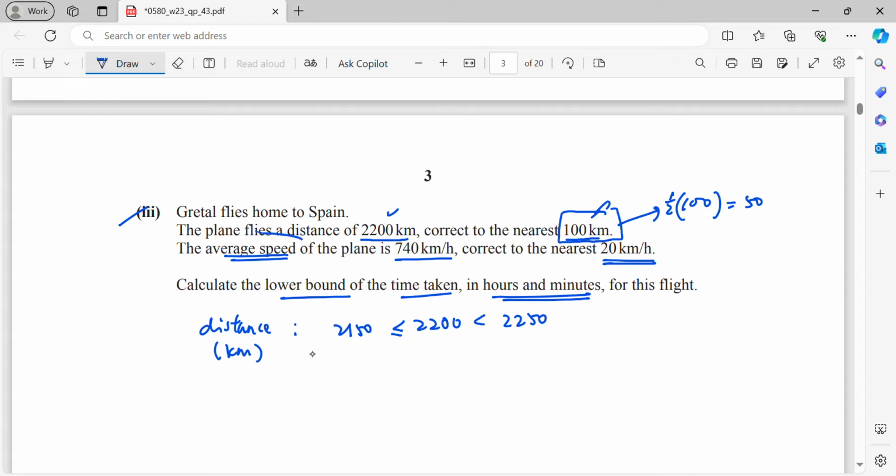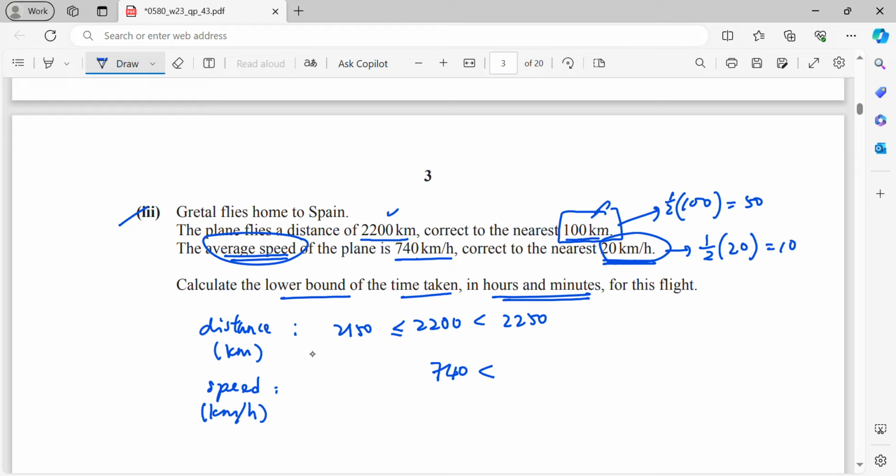Now the next one is the speed. So this is for speed. 740 kilometer per hour, and it is nearest 20 kilometer per hour. So when nearest 20 kilometer per hour, the difference will be half of 20, which is 10.